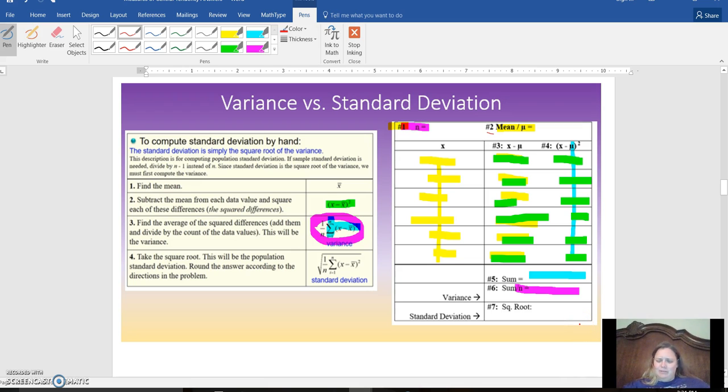Then I take the square root of whatever's right here. Variance, the symbol is sigma squared. Standard deviation, the symbol is sigma. I just take the square root of the variance.